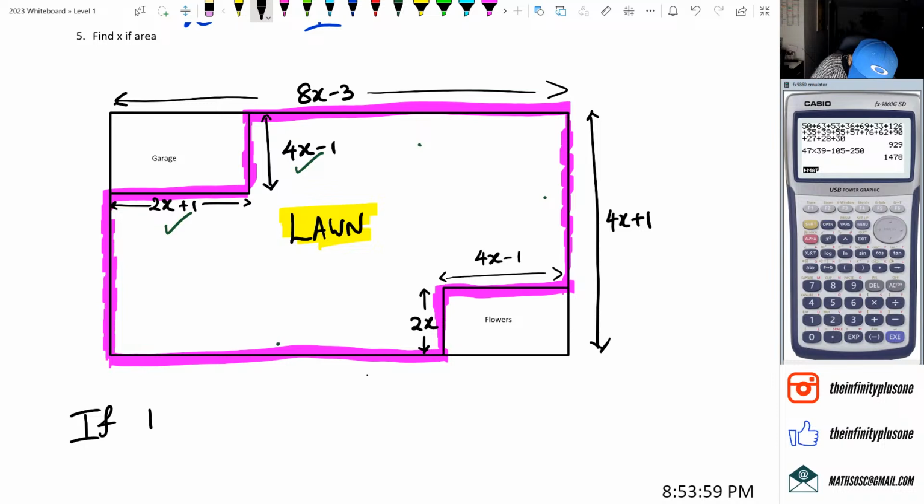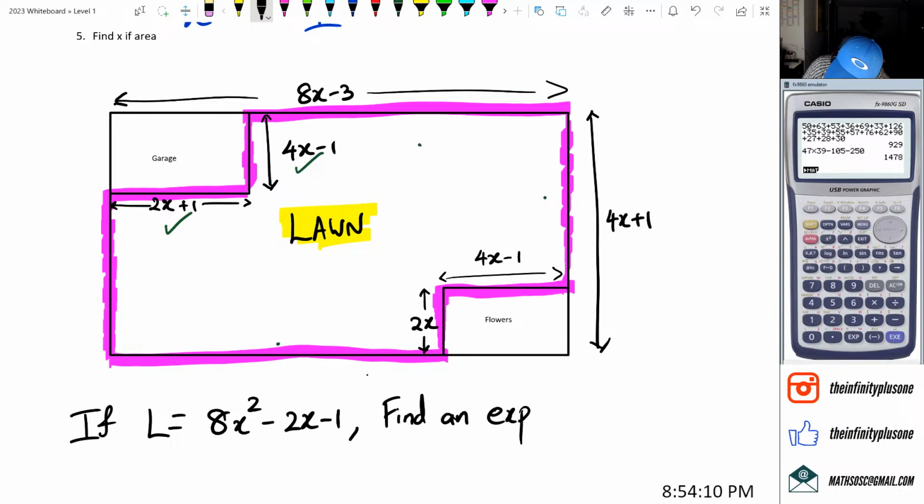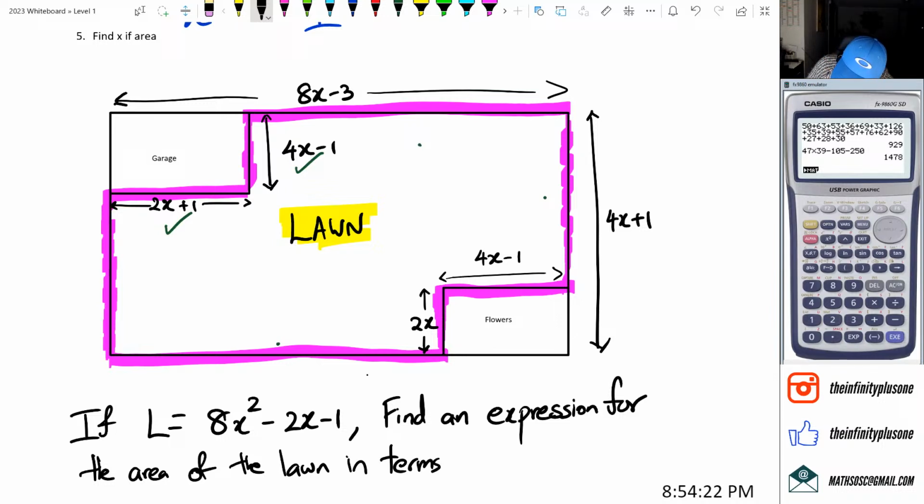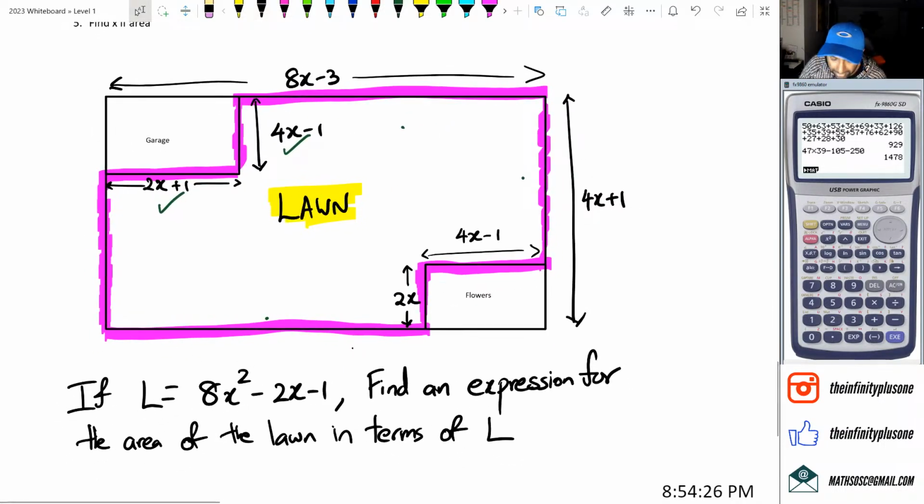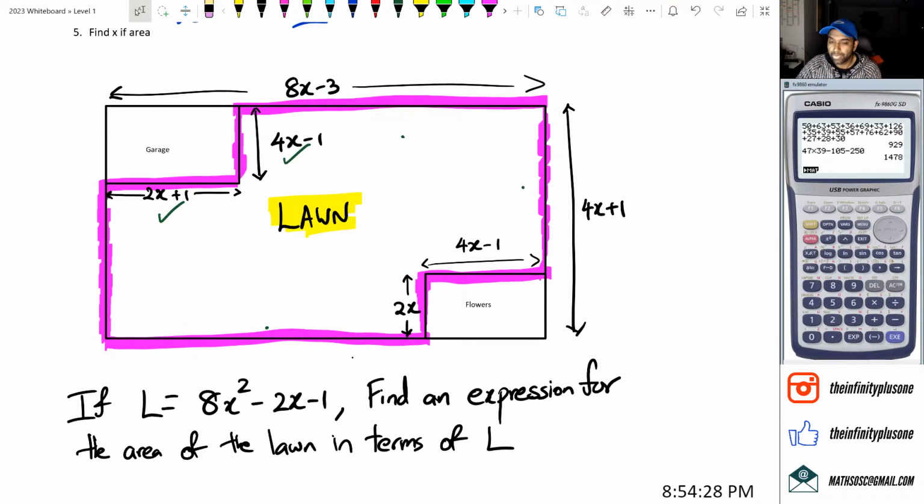If L equals 8x squared minus 2x minus 1, find an expression for the area of the lawn in terms of L. All right, this is the last question for the night, guys.